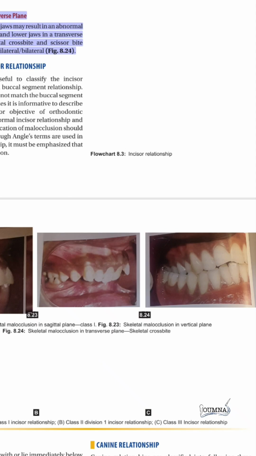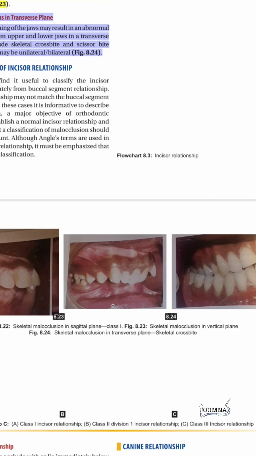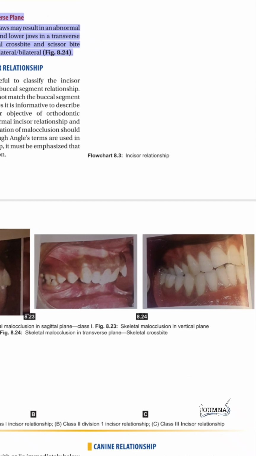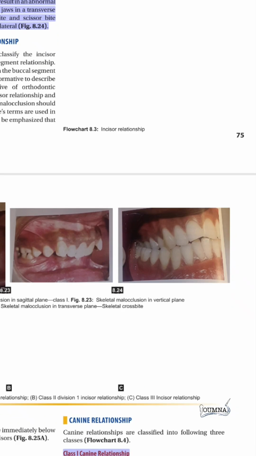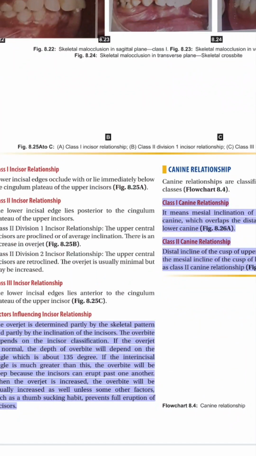Here are some examples. We can see that this is skeletal in the sagittal plane, this is in the vertical, and this is in the transverse. They are skeletal in origin.